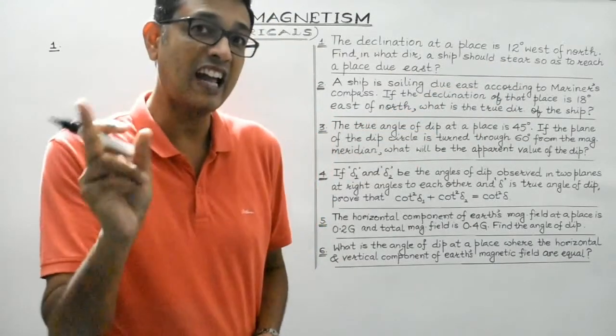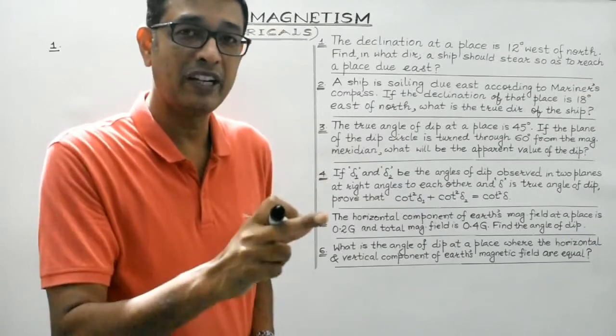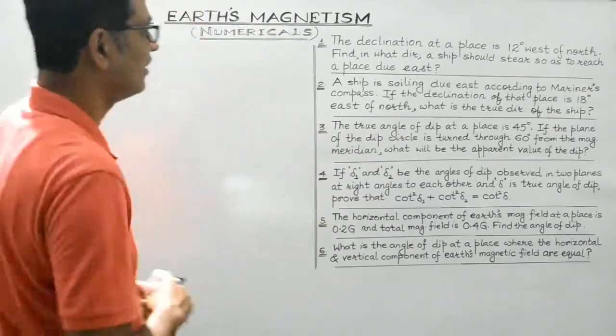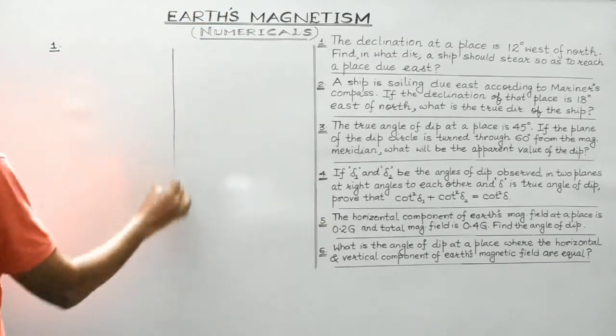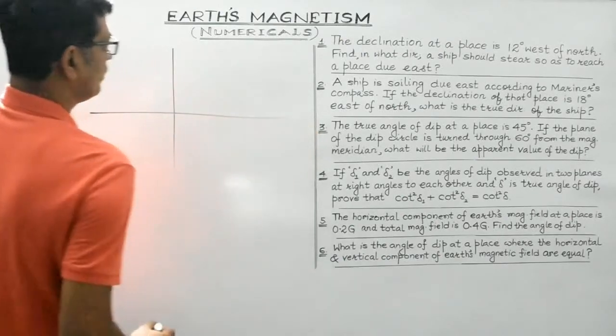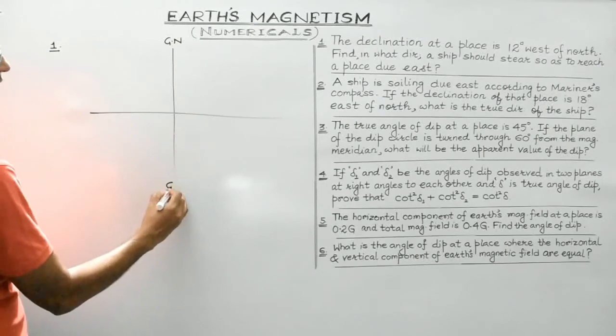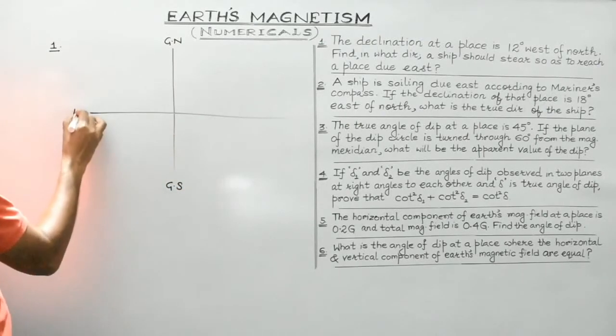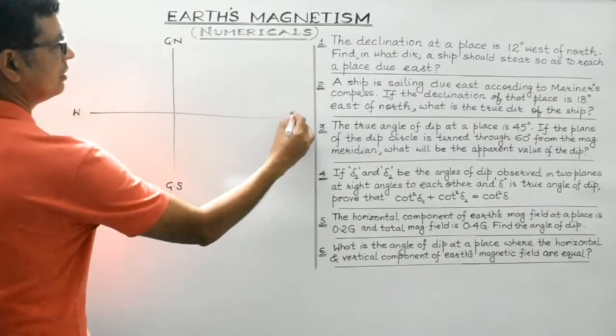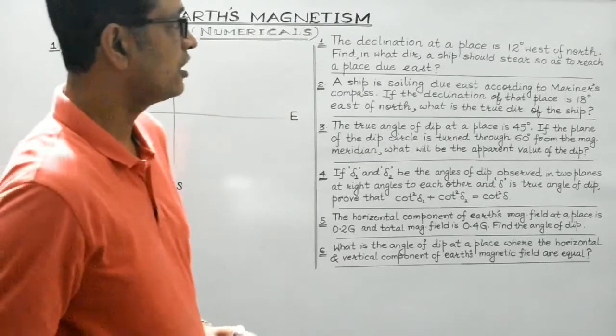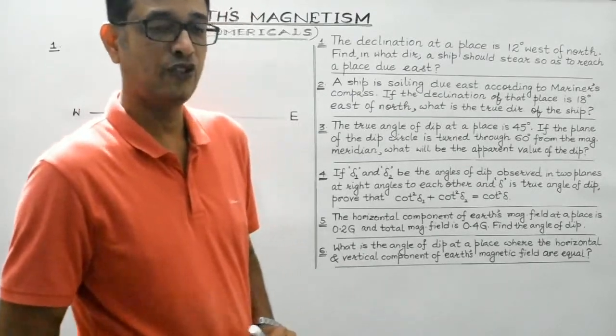Declination is the angle between the geographical meridian and the magnetic meridian. So let's indicate it with the help of a diagram. This is geometrical north, this is geometrical south, this is west, and this is east. Now, the declination at a place is 12 degrees west of north.